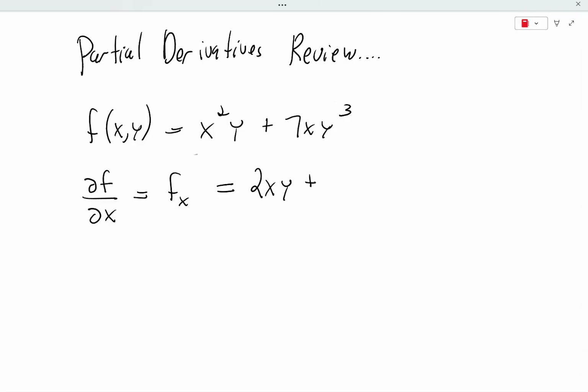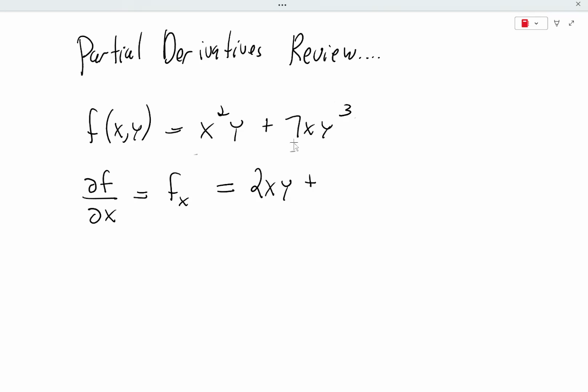Plus, now over here, how would this go? Again, you treat the y cubed like it's a constant. So if you take the derivative with respect to x, what would you do? Can somebody tell me what it is? 7y to the third. Yeah.